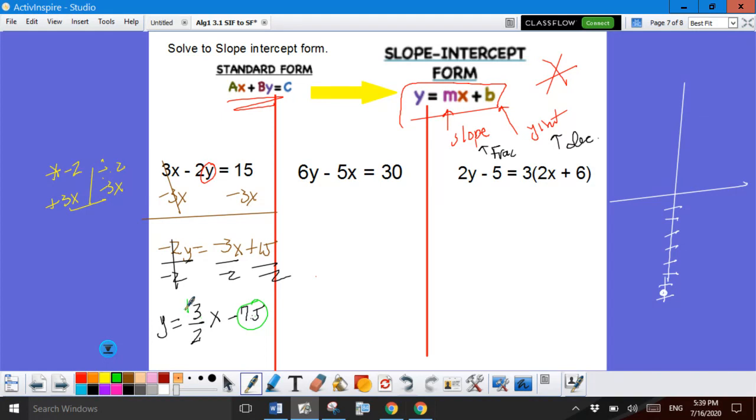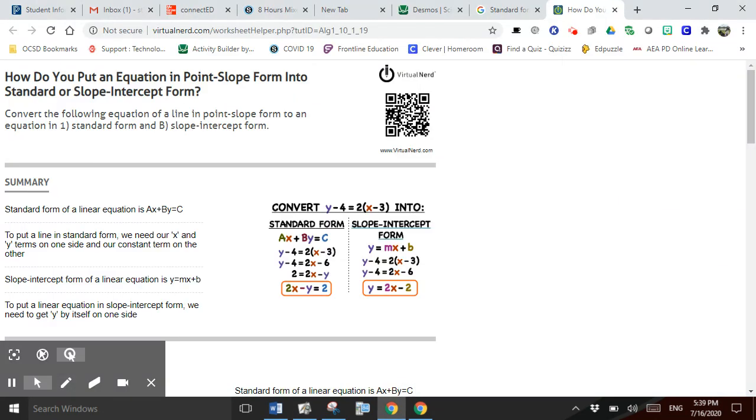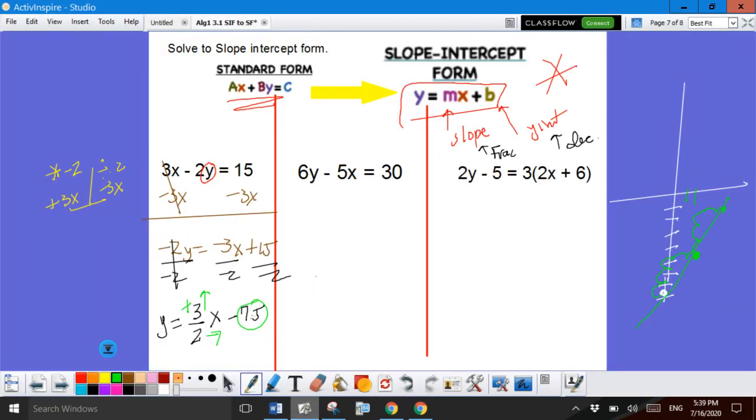And since the slope is positive, I'm going to go up and I'm going to go right: 1, 2, 3, and 1, 2. And I can do it again. My line, that's a pretty bad line, is going this way. We'll do a little bit more review of the graphing, but that should link back to what you learned last year in terms of graphing.